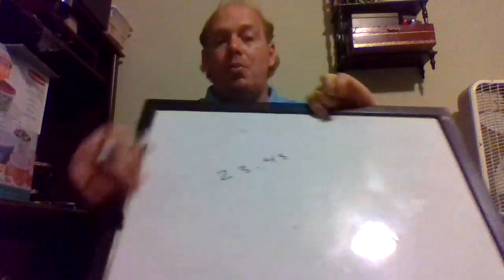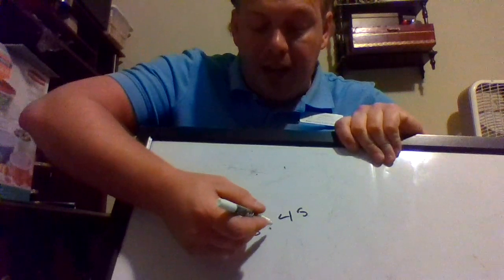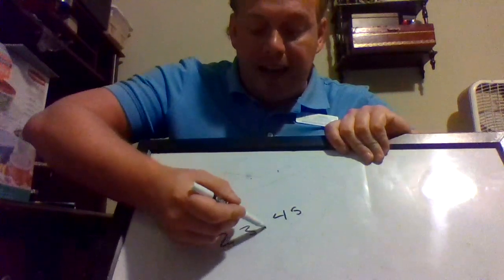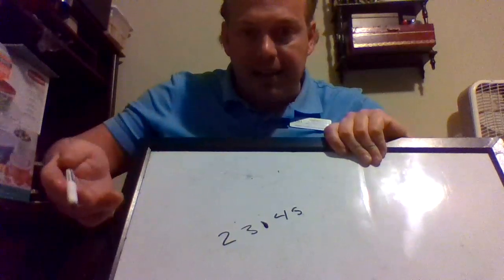So let's say we have $23.45. So the way we say this, we say $23.45. That decimal indicates an and.